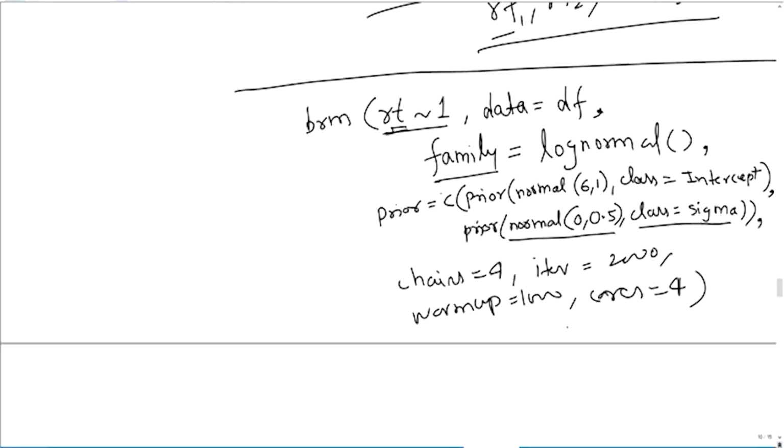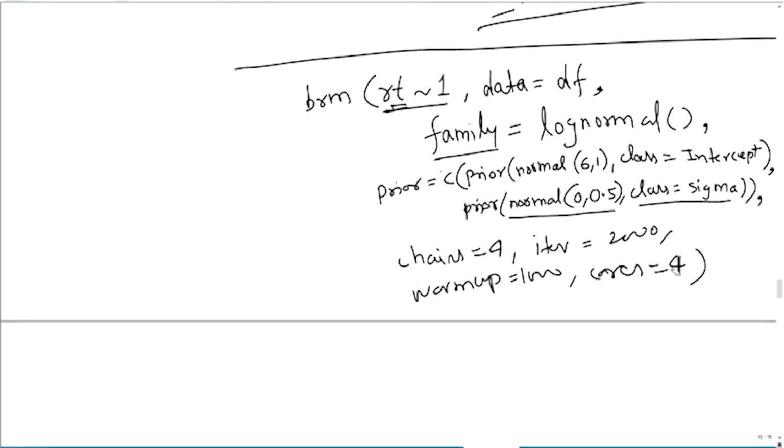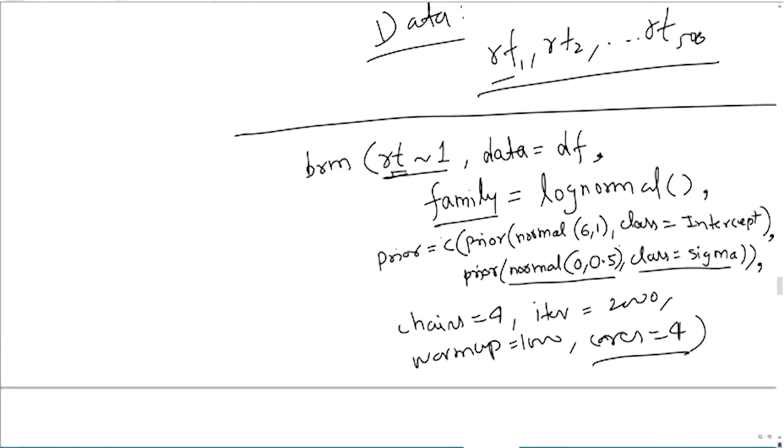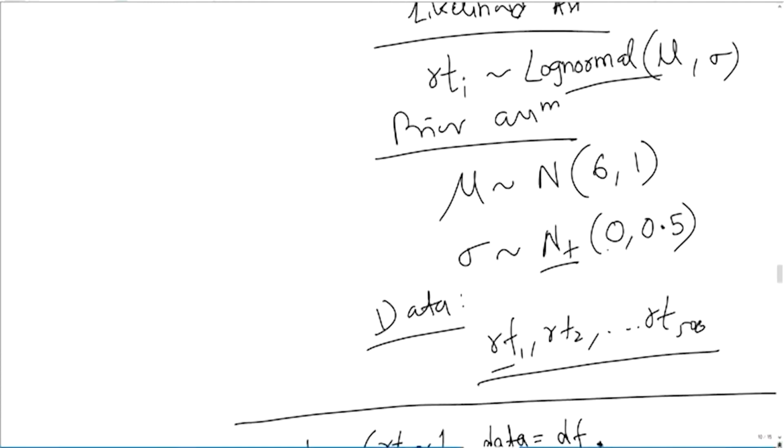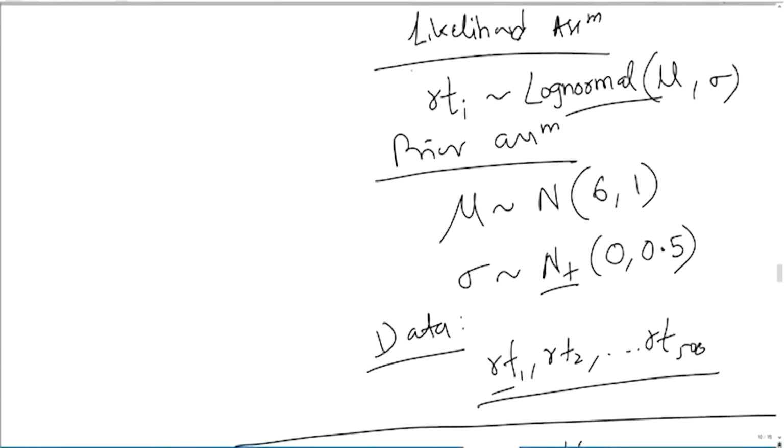You can leave this out if your computer does not have four processing cores, but I think most of your computers have it, so you can go ahead with this. So this is the BRMS code to implement this model.